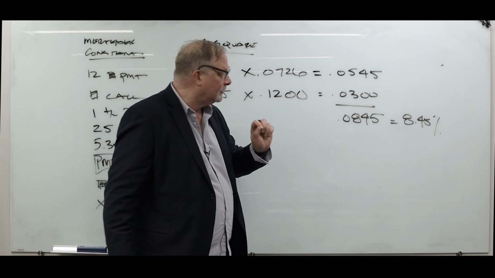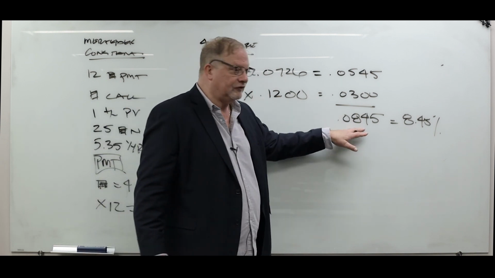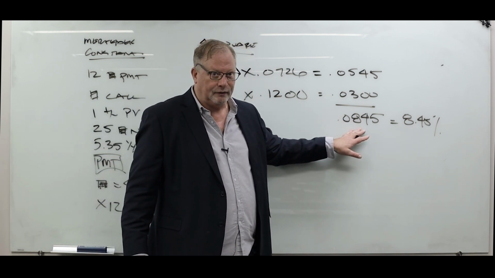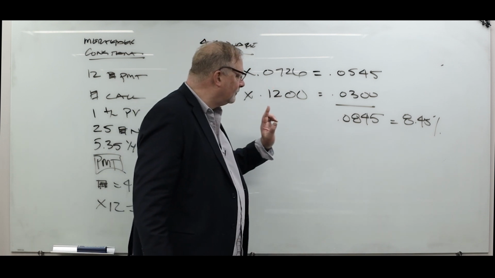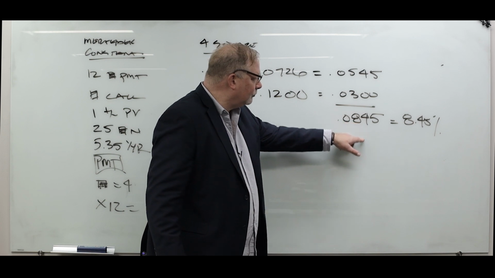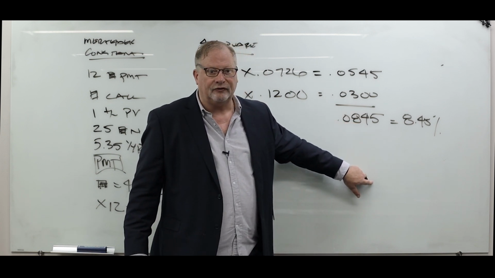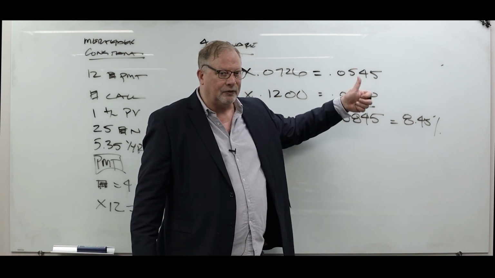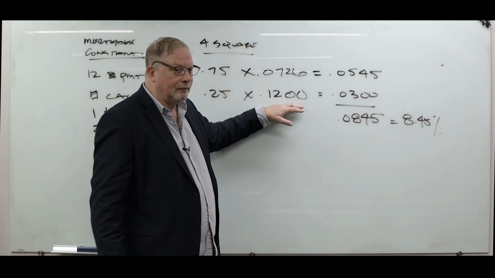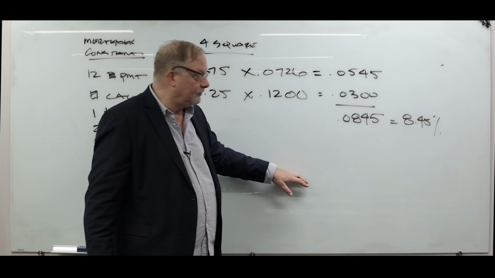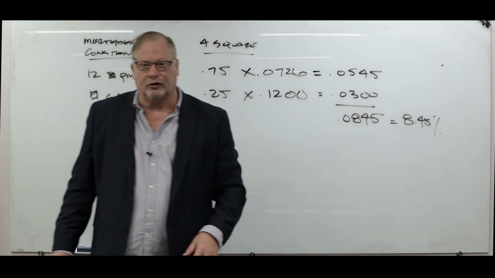One more time. This is the lowest cap rate they can afford to pay to get 12% given the financing, because if this cap rate goes down, what happens to the price? It goes up. If the price goes up, all things being equal, this must come down. So this is the lowest cap rate the investor can afford to pay at.